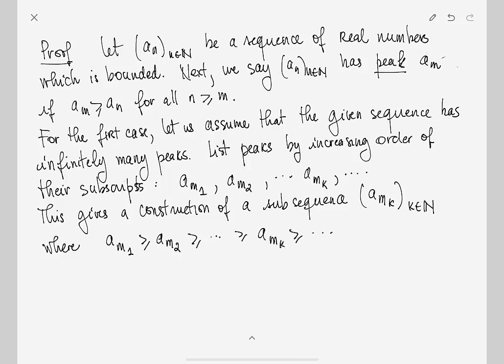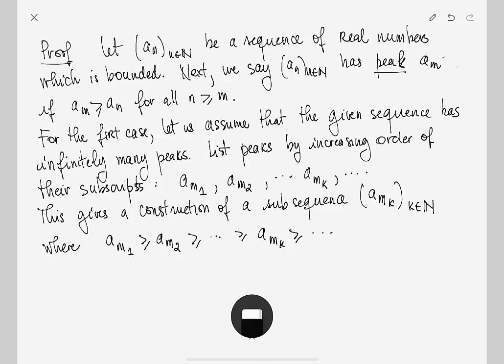So essentially, we construct a new subsequence from the parent sequence, which is obtained by selecting the peaks. And since we have infinitely many peaks, of course, then we have a sequence.